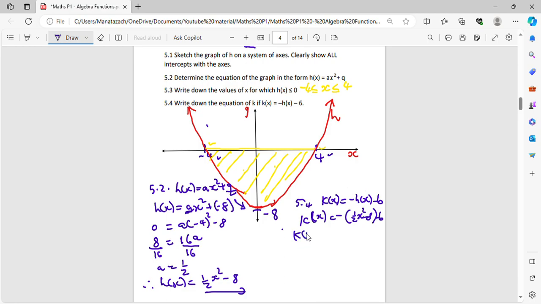That means k of x, the answer here is going to be minus 1 over 2 x squared plus 2. So that's the answer for question 5.4.